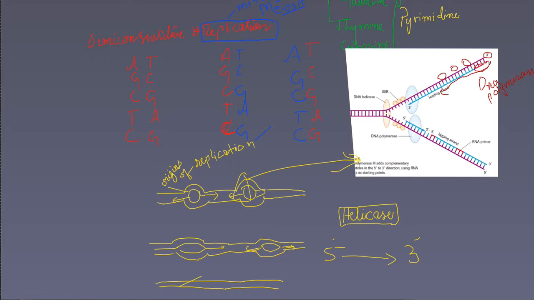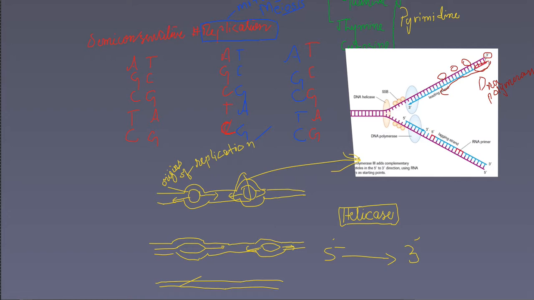It replaces the RNA with DNA, and as it goes down and down, it's adding nucleotides to it. Now, you might be thinking, okay, this part of the strand is called the leading strand, and this one is called the lagging strand. So you might be thinking, okay, the leading strand can do that. It's no big deal.